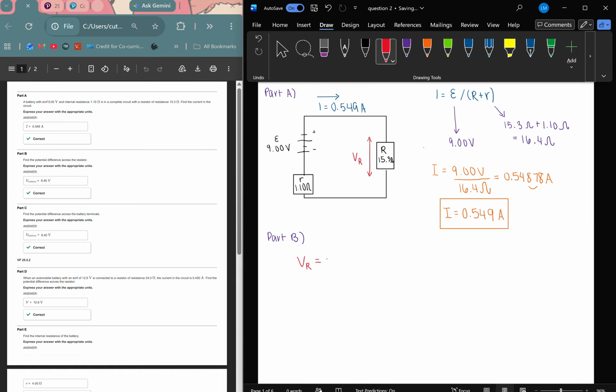So we're going to do current times R, the resistor. I'm going to use Ohm's law, because the voltage across a resistor equals the current multiplied by the resistance. So let's fill in the equation.